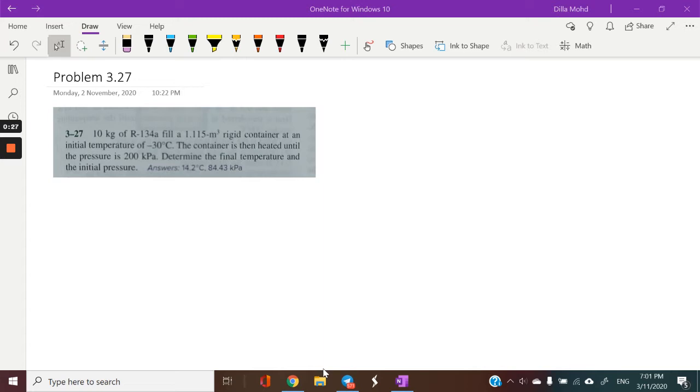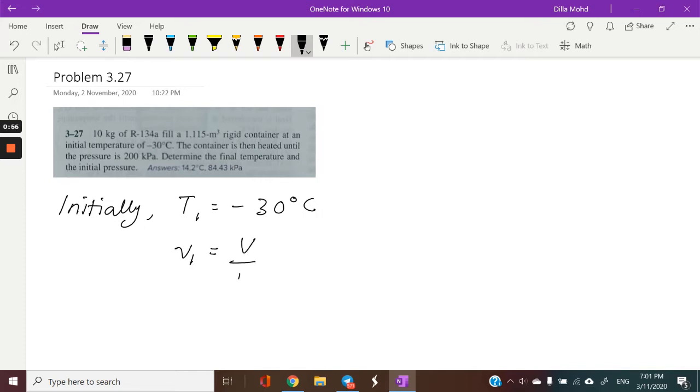First, let's extract the information that describes the initial condition. Initially, T1 equals minus 30 degrees Celsius, and from the volume and the mass you can get your specific volume at state 1.